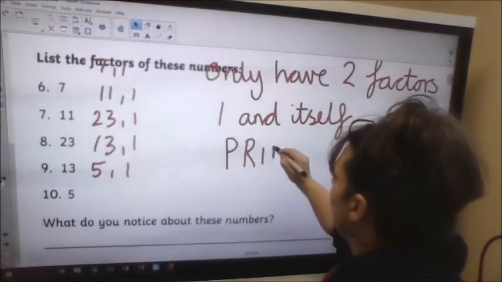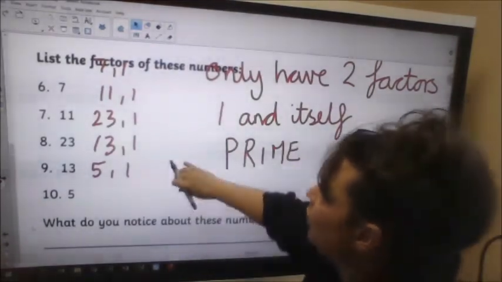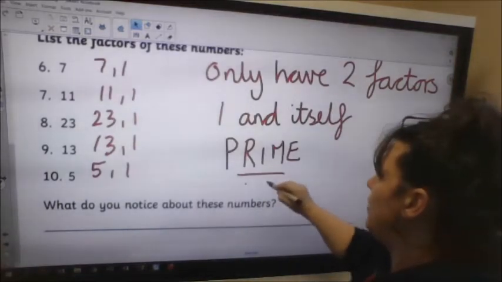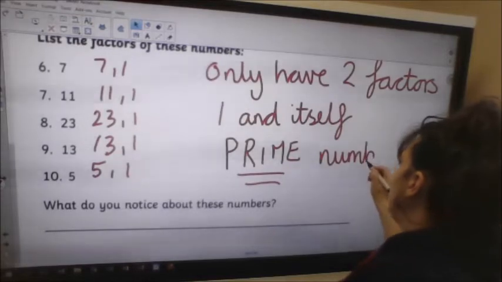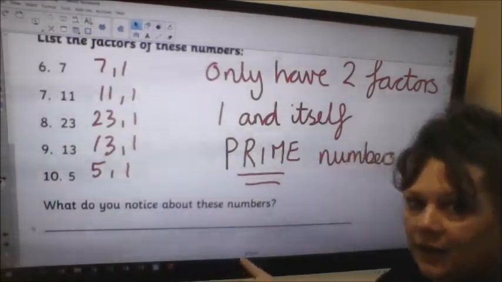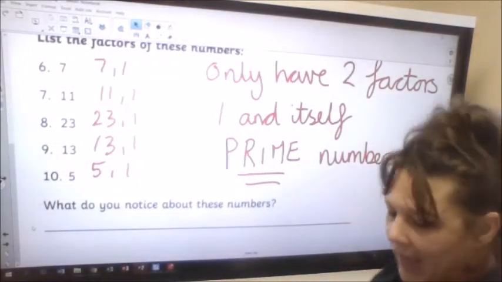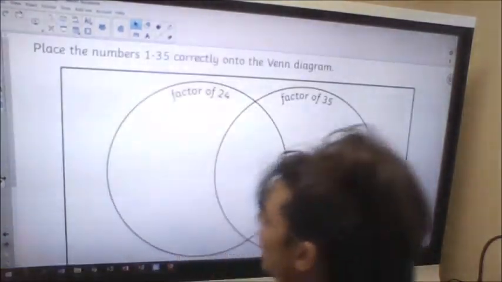So, prime. Okay, they are called prime numbers. Prime numbers. And they only have 2 factors, 1 and themselves.